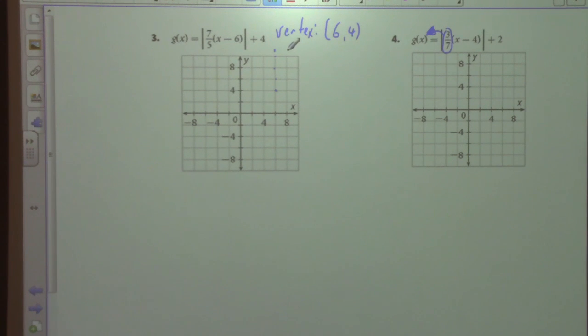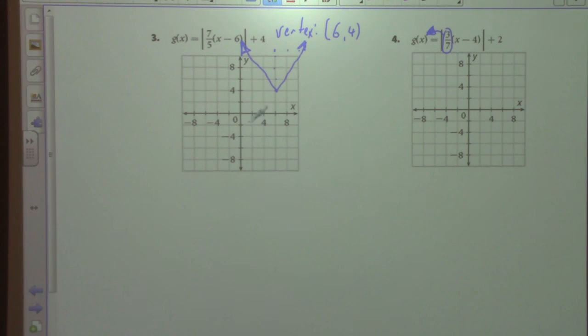Well, that's going to be 2, 4, so about there. It's going to look something like this. And then 2, 4, 5, something like this over here. And then you verify using a calculator.